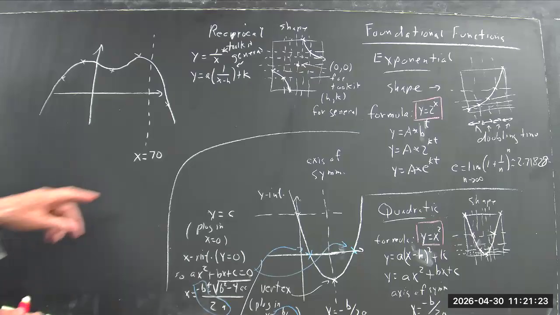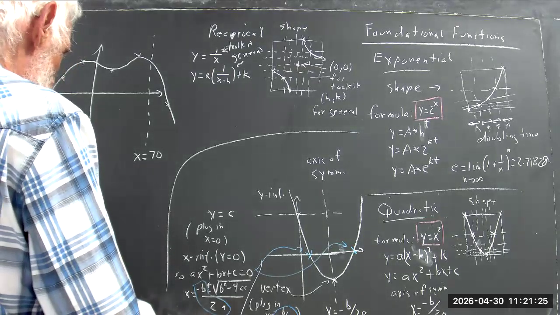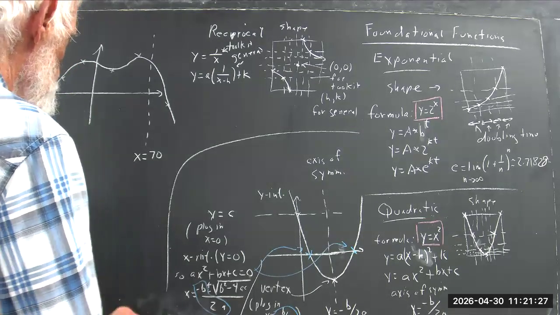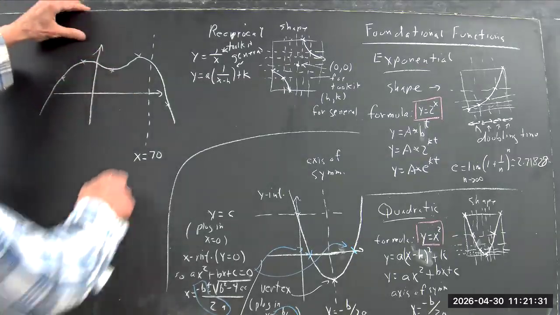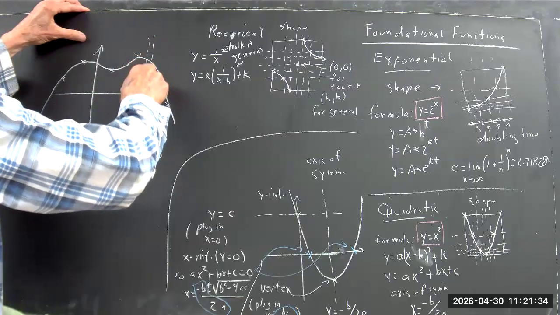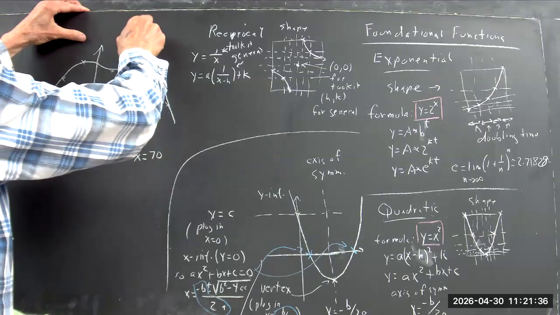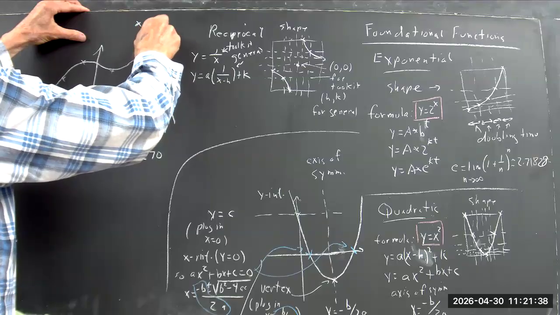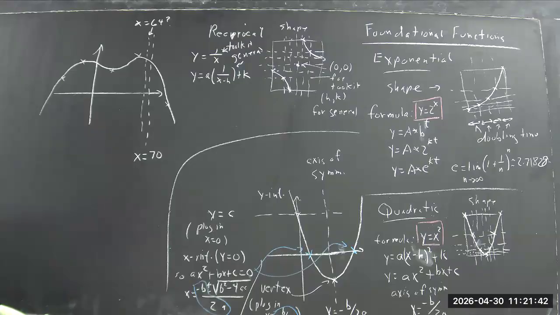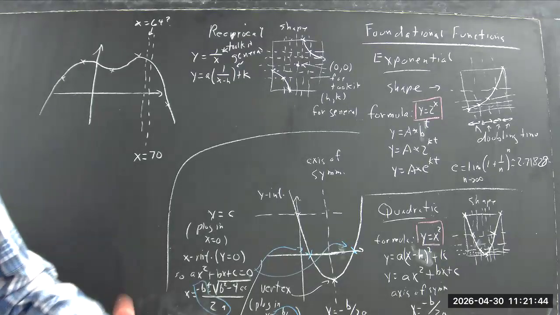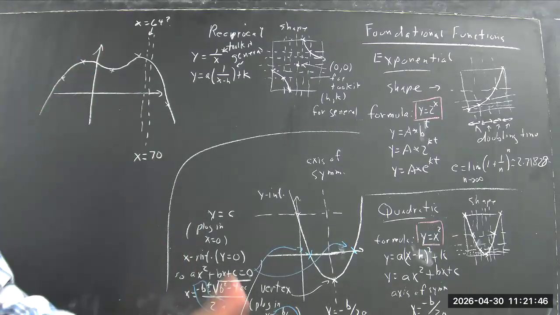Now, what I would do if x equals 70, I would say, well, if x is 70 here, 64 is going to be pretty close to 70. Why is 64 a good choice? Because you can cut it in half as many times as you want without having to do a lot of arithmetic. It's a power of 2.